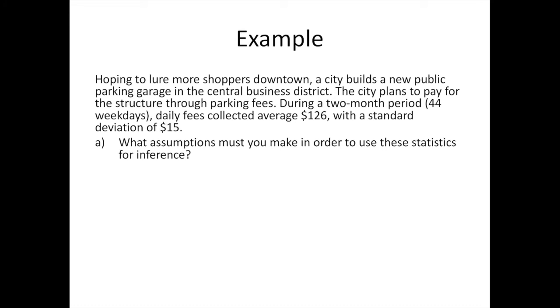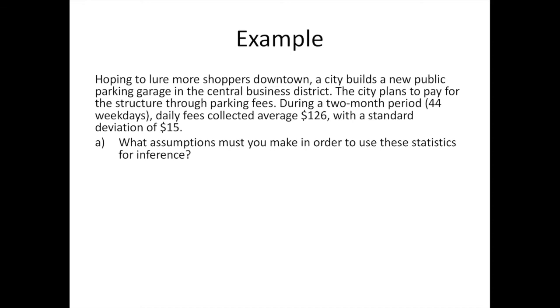And then maybe another week later, there was some construction outside of the parking garage, and therefore fewer cars were able to access it, decreasing the fees on those days. So the independence assumption, we probably should mention in our analysis, has a very good shot of being violated.